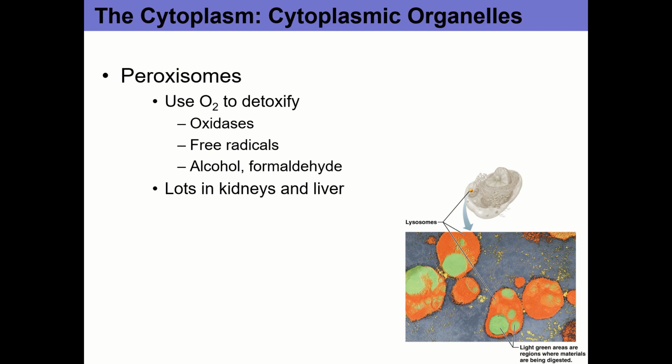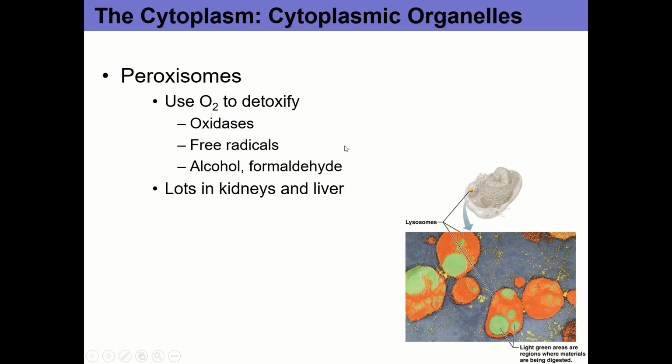So for example, in the liver, peroxisomes are going to play a role in helping us break down alcohol. If you consume alcohol, part of the metabolism process is going to occur in the peroxisomes inside of the liver cells. Kidney cells also have quite a few peroxisomes to help detoxify. The kidneys play a filtration role, as we'll talk about.